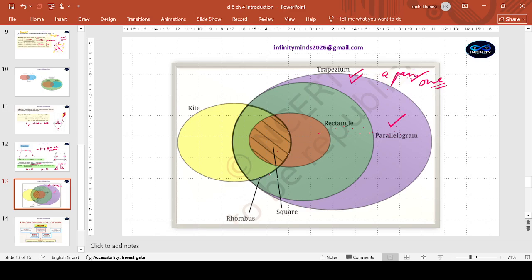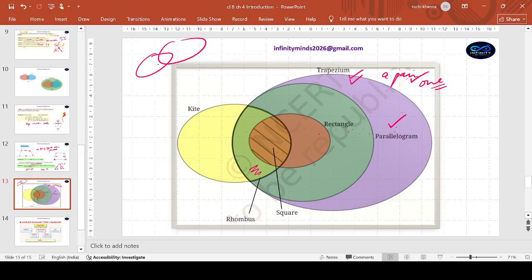The shaded one is your rhombus. Rhombus and rectangle, these two, were in the last Venn diagram we had done, with the portion shaded with lines as your square. This is your rhombus, so the intersection of rhombus and rectangle was your square.